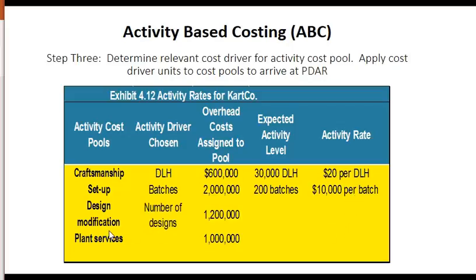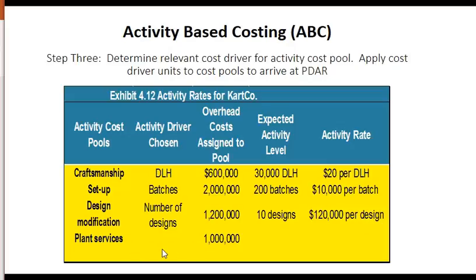Now design modification: the cost driver is the number of designs created. My cost pool is $1,200,000 and my expected activity is 10 designs. Dividing 10 designs into $1,200,000, it comes out to $120,000 per design.